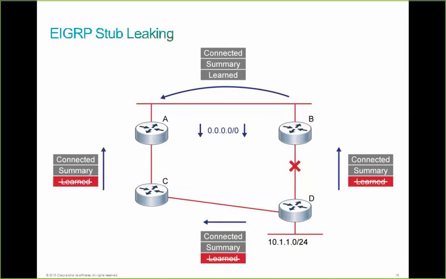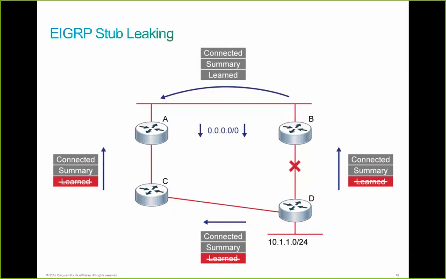If the goal is to advertise the 10.1.1.0 subnet up to the hub, who's the one that's going to advertise it? Well, so this is an EIGRP router, this is an EIGRP router. This guy's configured as a stub, this guy's configured as a stub.